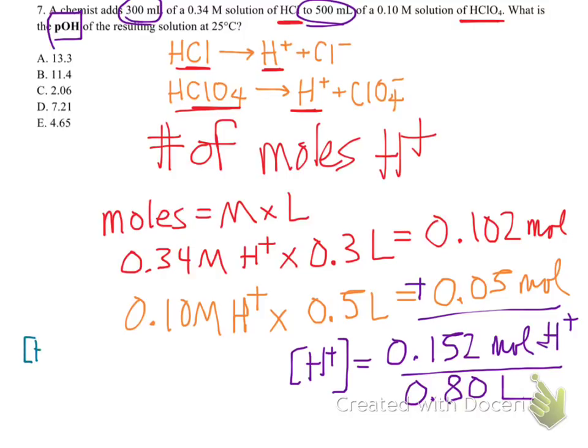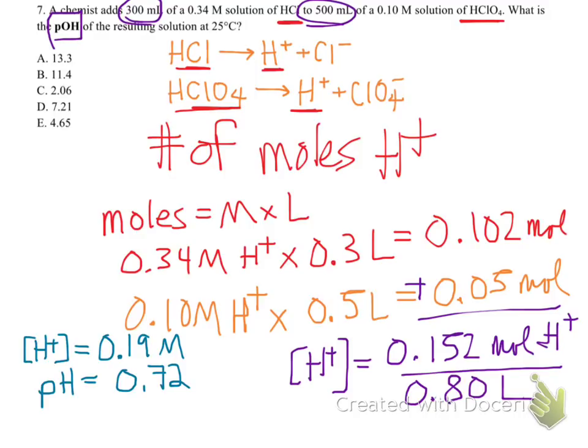So our H+ concentration ends up being 0.19 molar. Taking the negative log of that will give us the pH. The pH here happens to be a cool 0.72. Pretty acidic solution we got going on here.